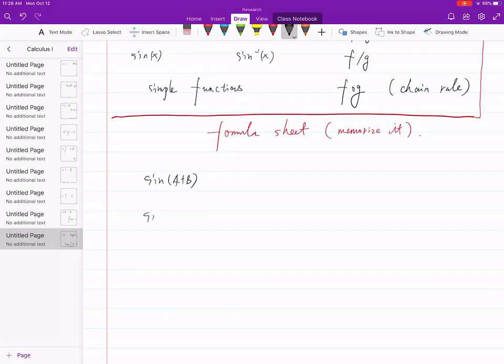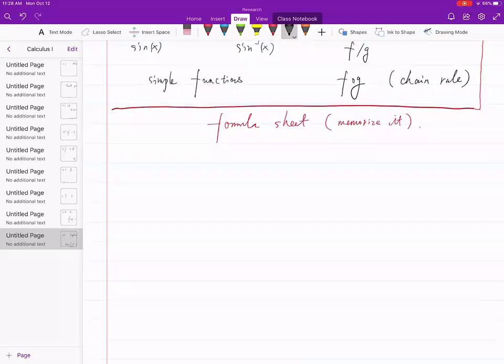And also the product-to-sum and sum-to-product, that's something you have seen before, which is something you hate. Good news is the professor also hates it. So you probably won't see them. All right, that's it.